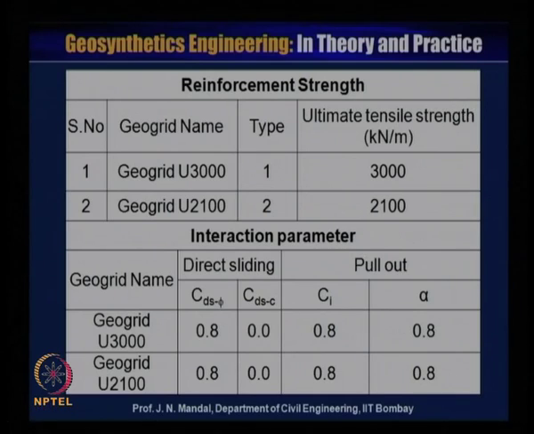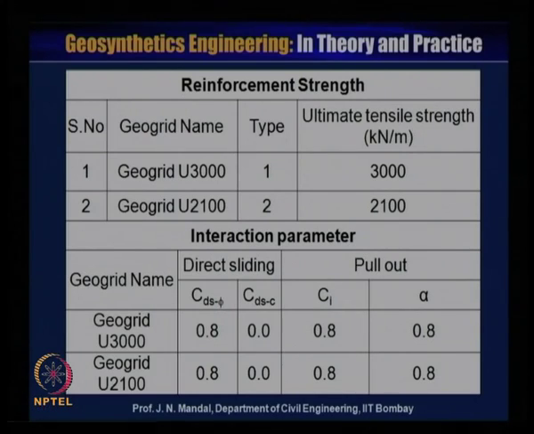For example, where it is related to offshore, onshore kind of project where you require very high strength geogrid material, the manufacturer can also manufacture very high strength geogrid material. Now here, 2 types of geogrid have been used.